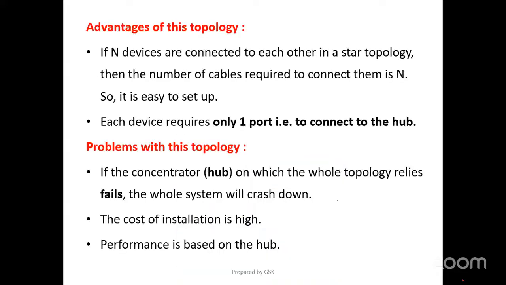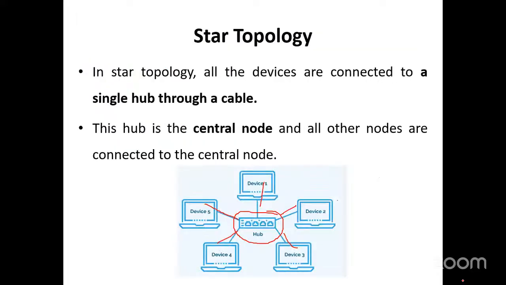Then what are the advantages of this topology? If n devices are connected to each other in a star topology, then the number of cables required to connect them is n. So it is easy to set up. But if you want to add one more system in the star topology, just a small cable is enough, right?